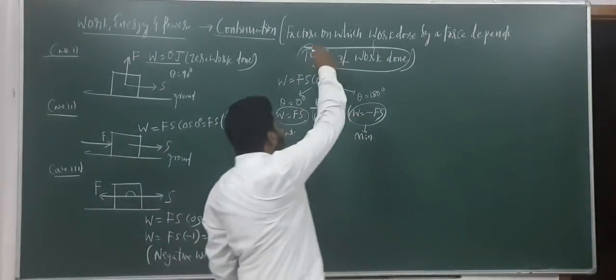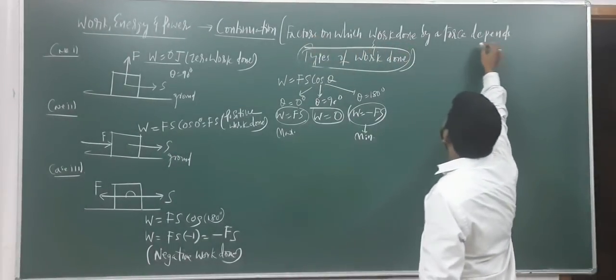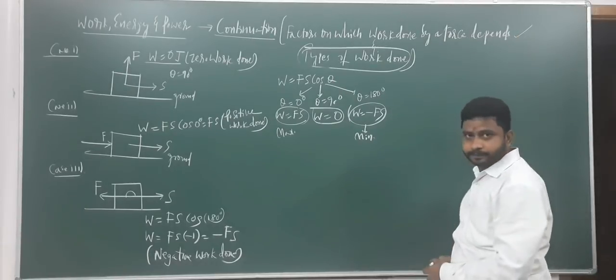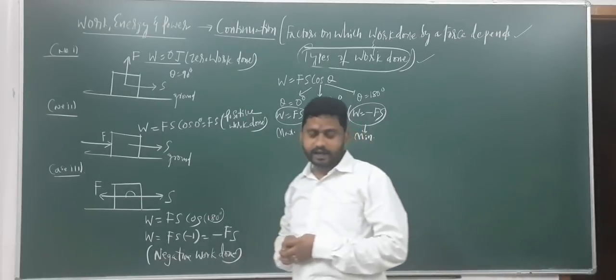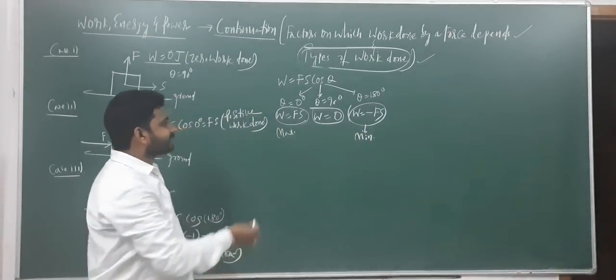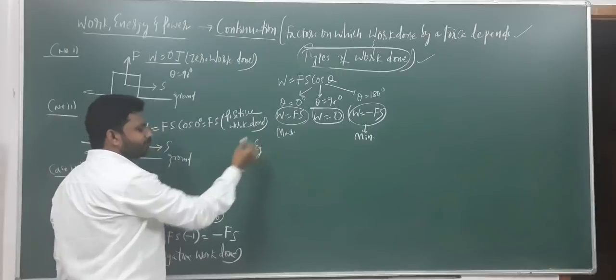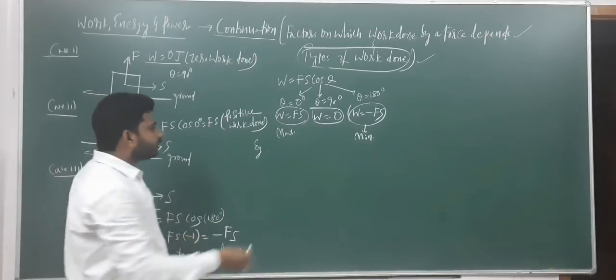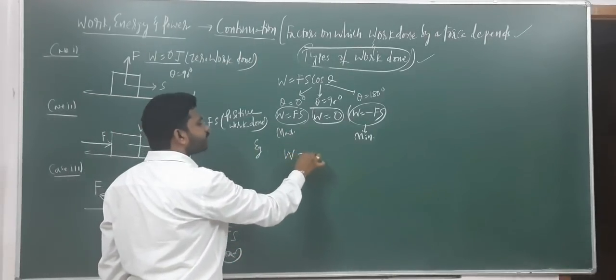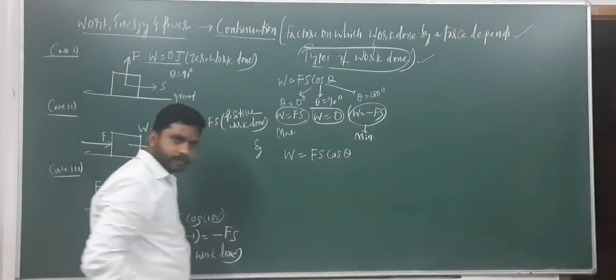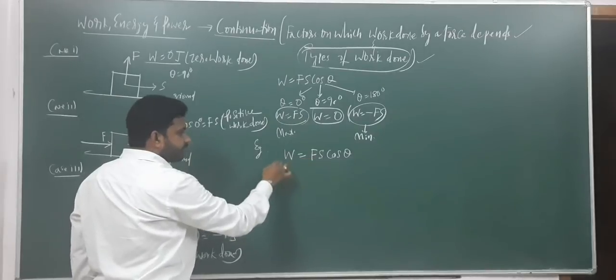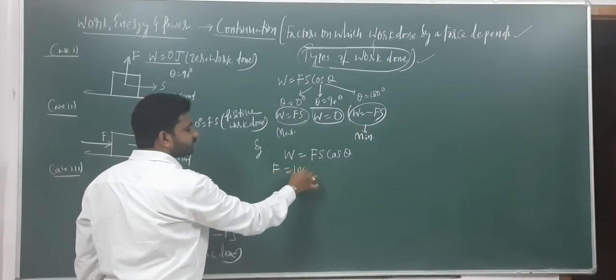Now, the major concepts for today are the factors on which the work done by the force depends and the types of work done. Now, commonly asked questions will be simple. We know work done by the force W is equal to Fs cos theta. So they will give F value as 100 newtons.